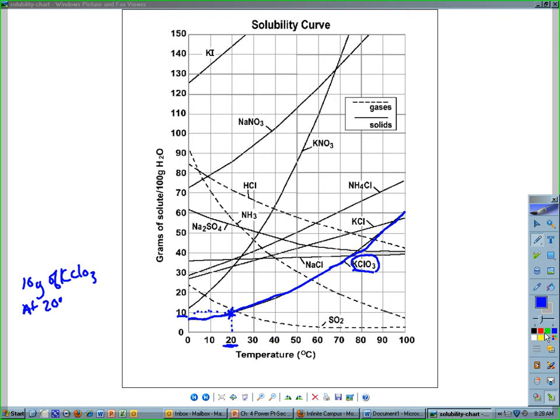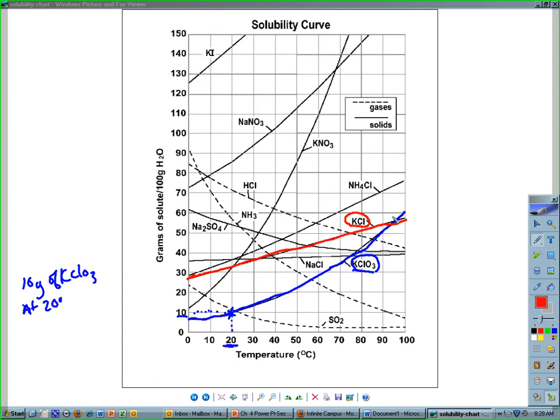So let's pick something a little bit harder. I'm going to change colors here. All right. Here, let me ask you a question about potassium chloride. I'll trace the line for you so it's a little bit easier to see. All right. How much potassium chloride will dissolve at 40 degrees Celsius?